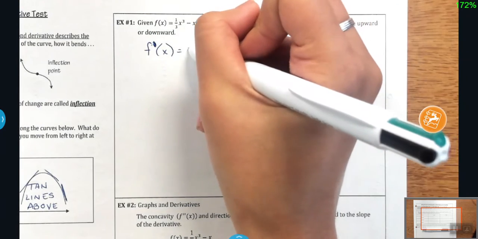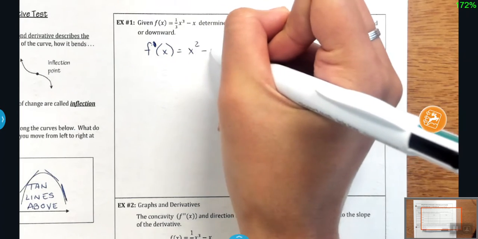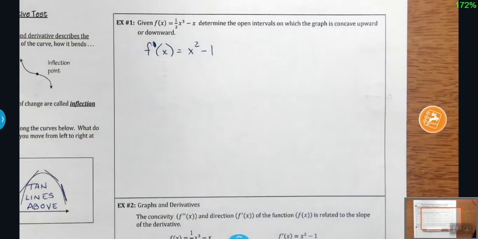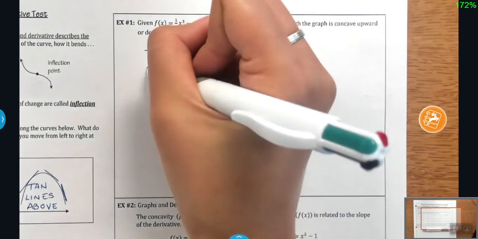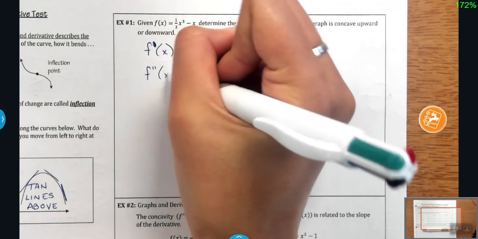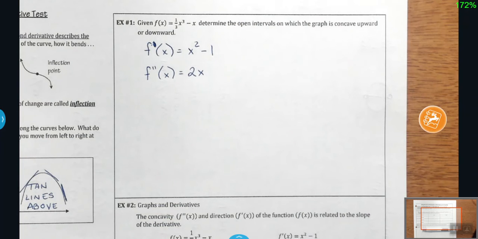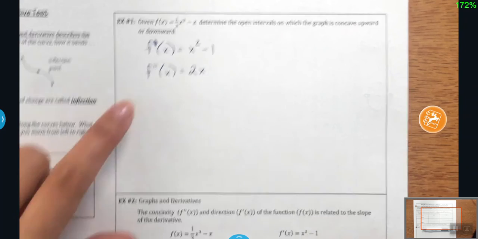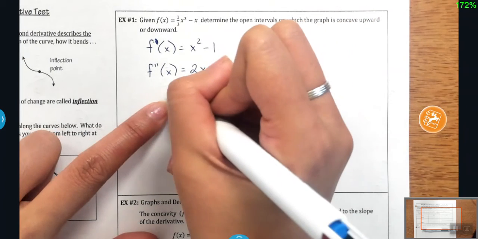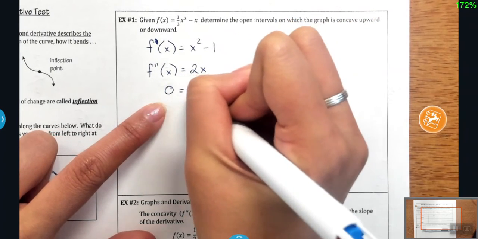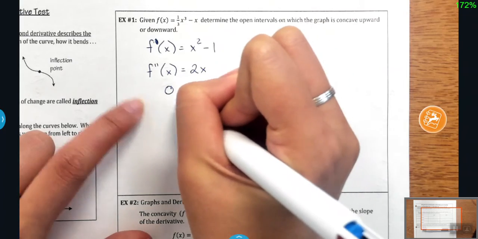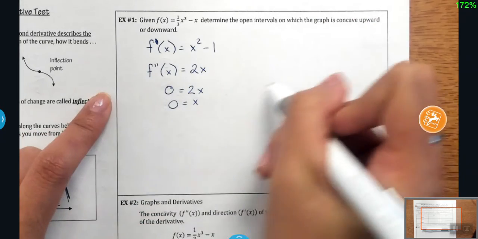So x squared minus 1, right? And then the second derivative would just be 2x. Okay, now what should I do? Solve by setting it equal to 0. Okay, so we've got x equals 0.